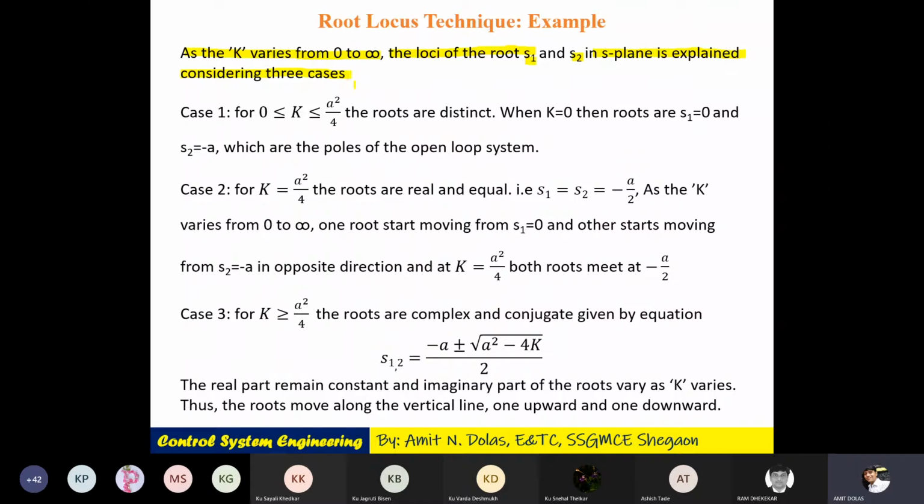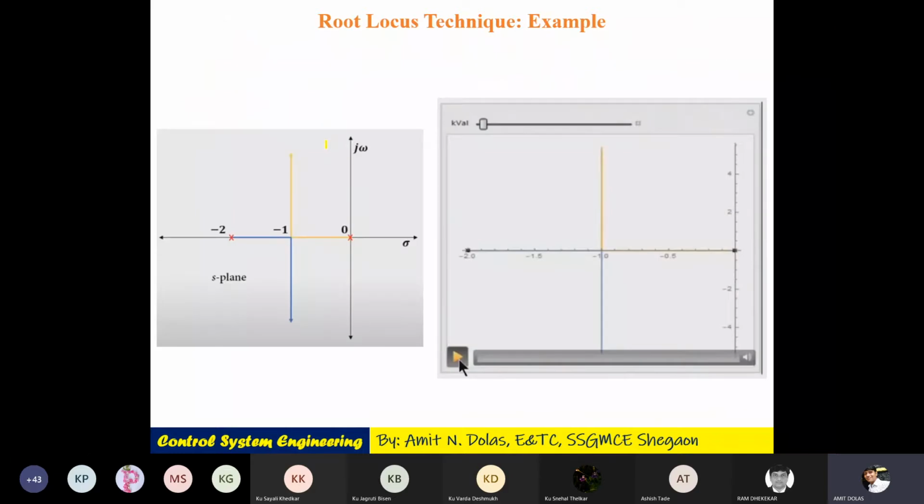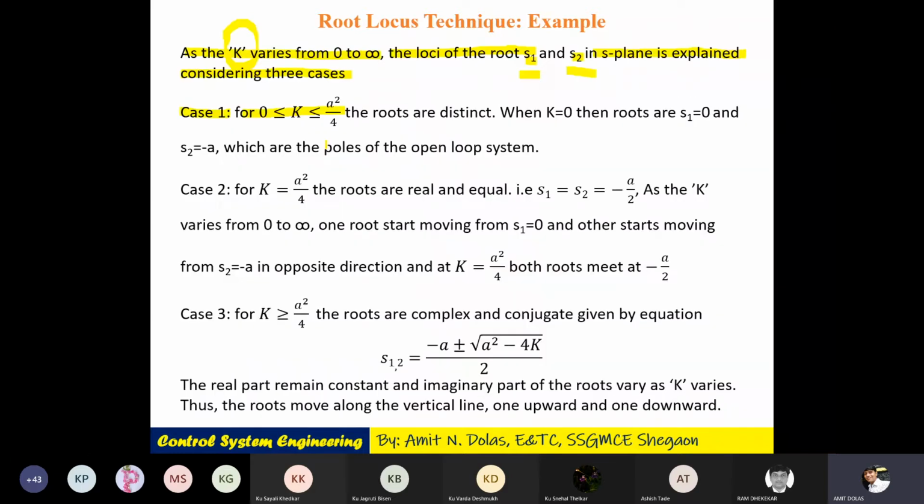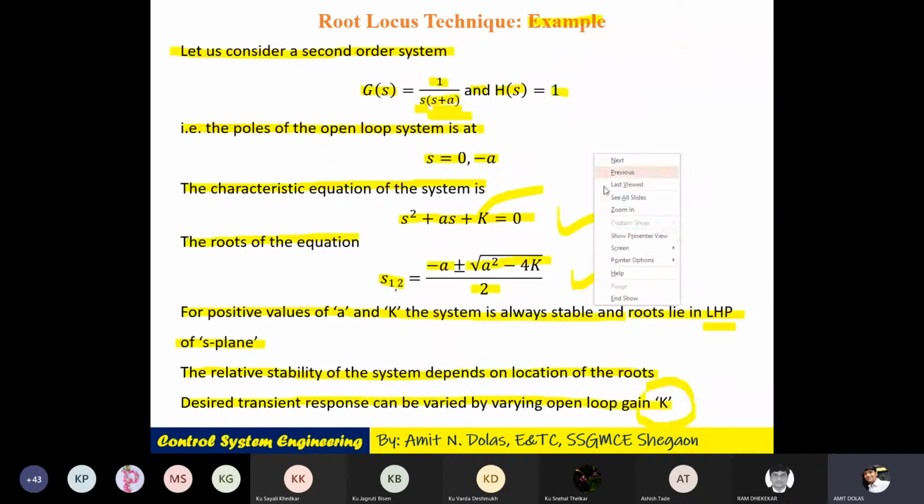If we vary k, what happens to these loci of roots or poles? We have three cases here. Your k is varying from 0 to a square by 4. We'll see what this is because it is not mentioned here. I'll tell you this first.